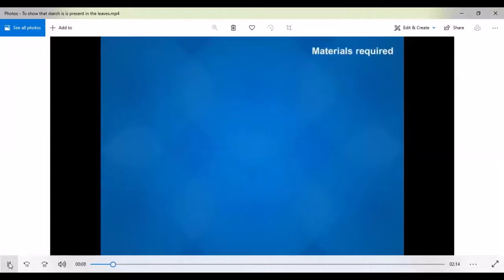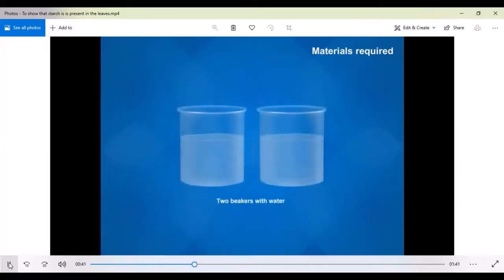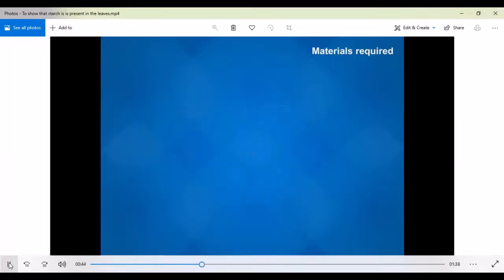Materials required: healthy potted plant, alcohol, iodine solution, dropper, forceps, tripod stand with wire gauze, Bunsen burner, 2 beakers with water, watch glass, test tube.